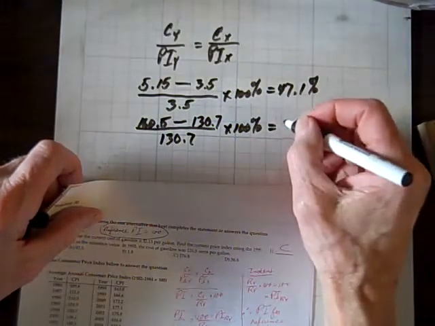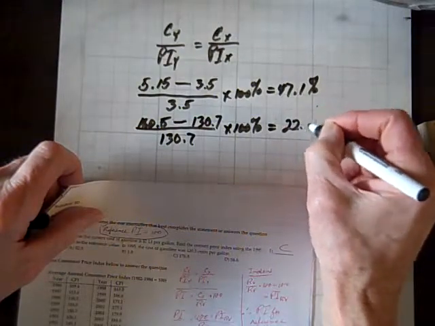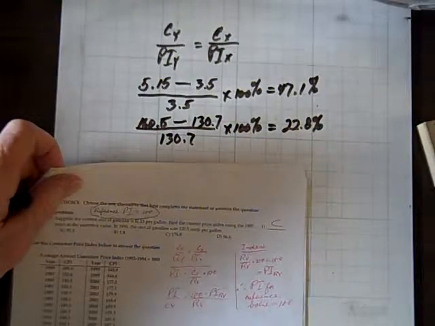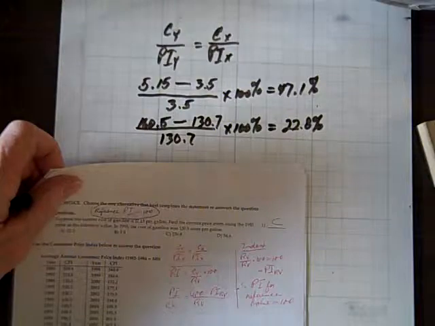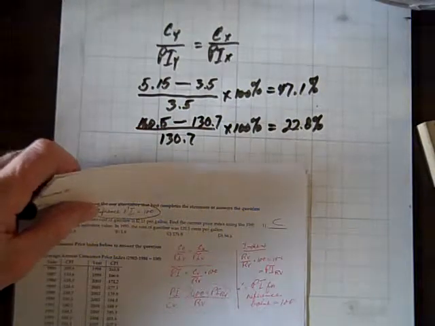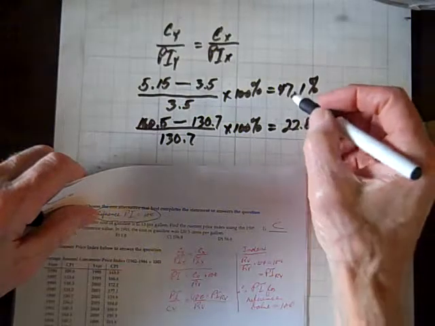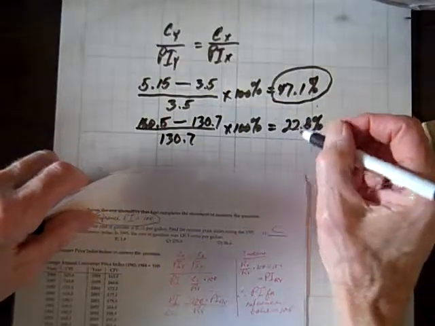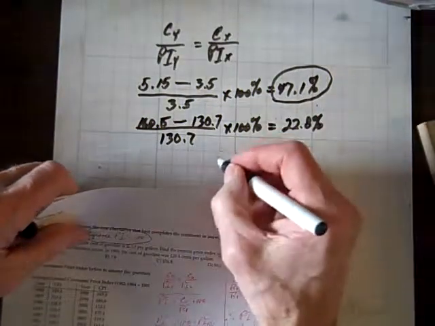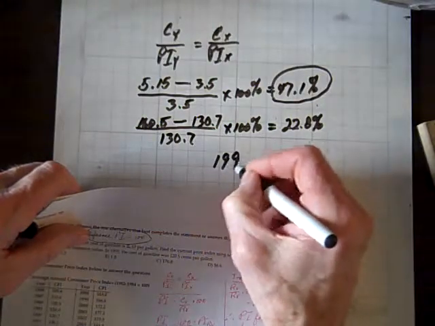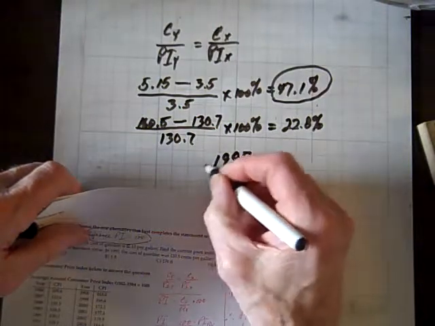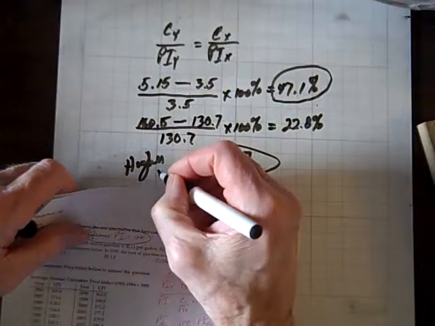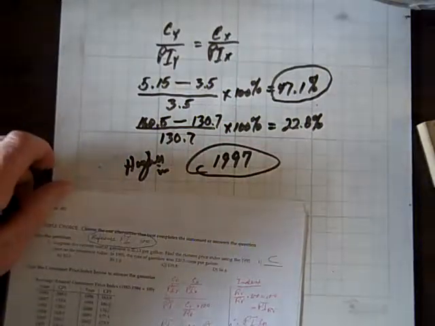And this, when we compute it, equals 22.8%. And now the final question is, in which of those 2 years was the purchasing power of the minimum wage higher? Well, the rate of change in the wage was greater than the rate of change of inflation. So the purchasing power was higher in 1997. So we'll move on to the next part.